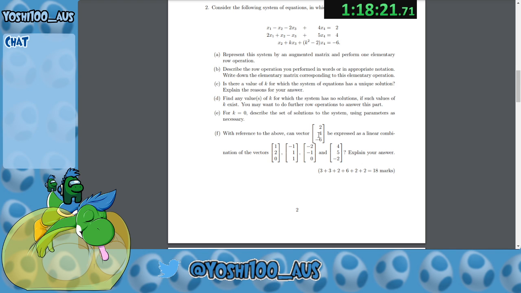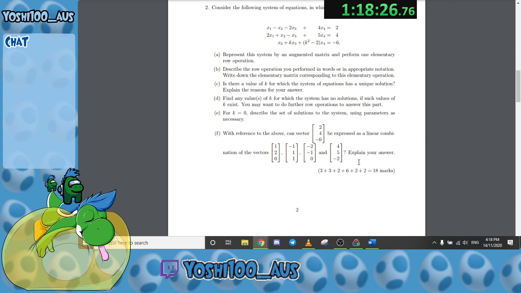With reference to above, can vector 2, 4, minus 6 be expressed as a linear combination of these vectors? Explain your answer.